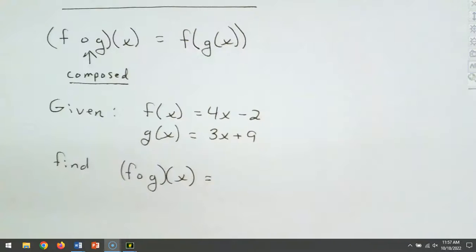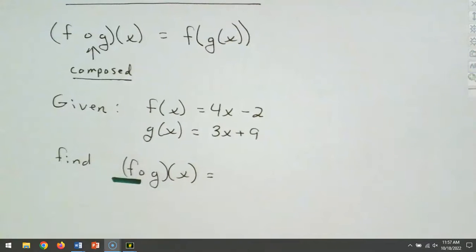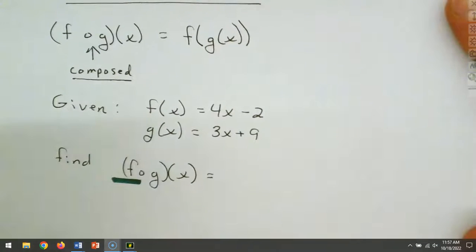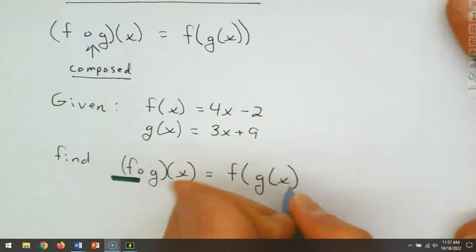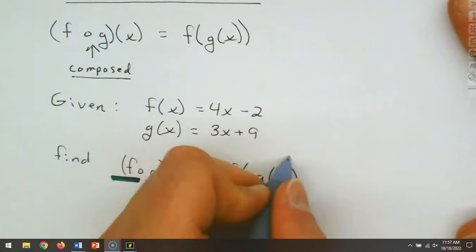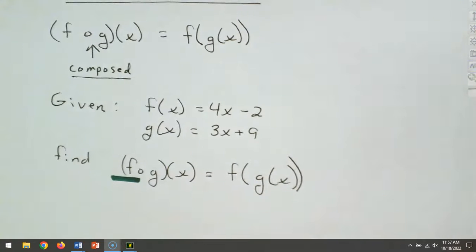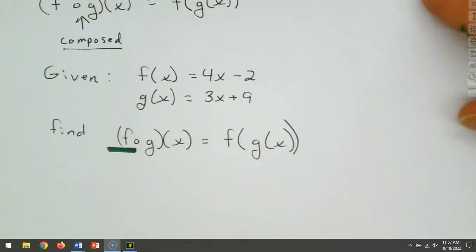Okay, so when I write this up, I have to make sure I put it in the correct order. Which one is first? F. So that means that F goes out in front. What's on the inside? G of x. We'll do this one with variables. We'll do the next one with numbers.